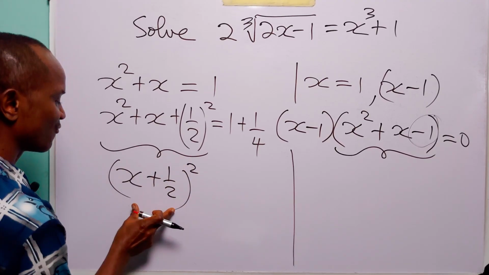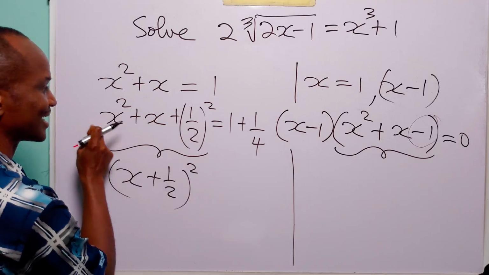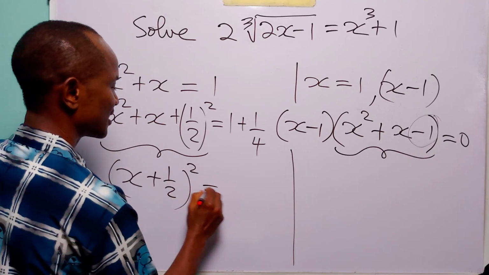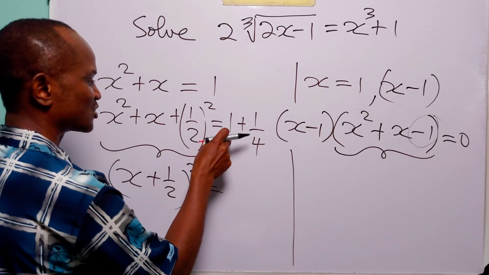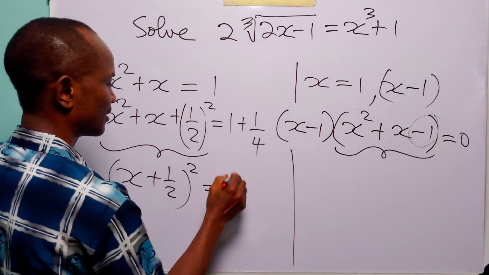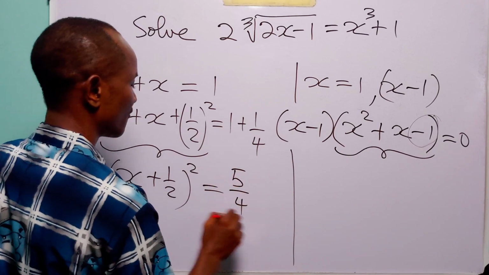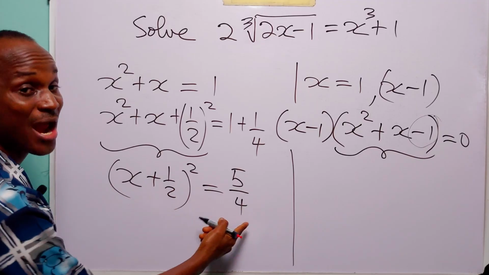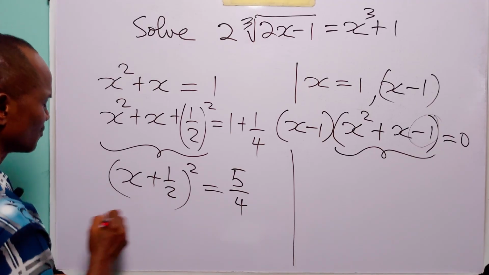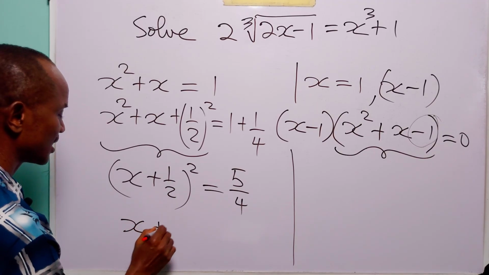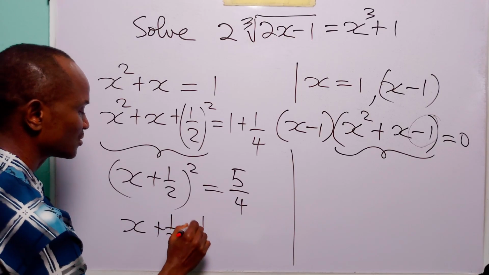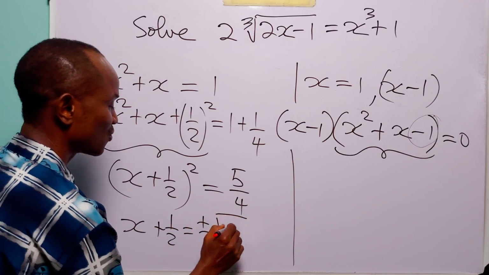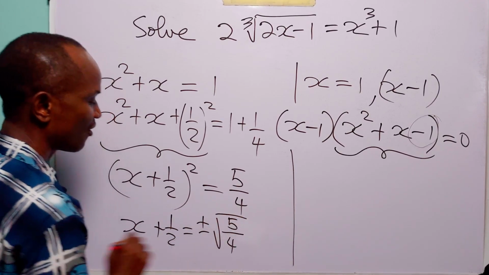Of course, you know that if we open this bracket, we are going to get exactly this. And this is equal to 4 times 1 is 4 plus 1, 5 over 4. Now, of course, the next step is to take square root of both sides of this equation. When we do that, we have that x plus half is equal to plus or minus the square root of 5 over 4.